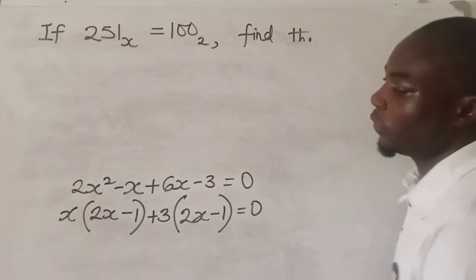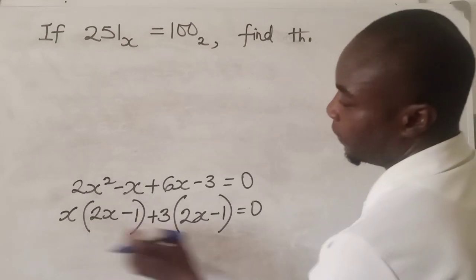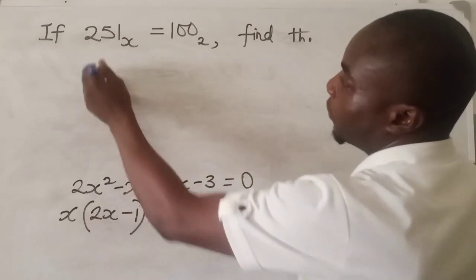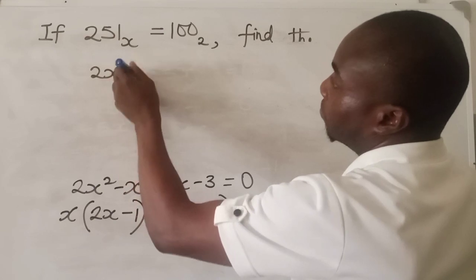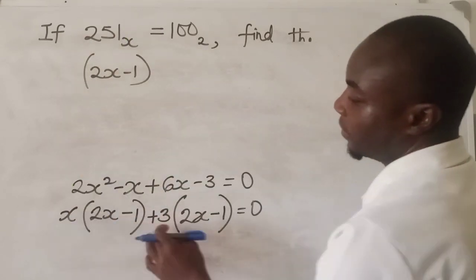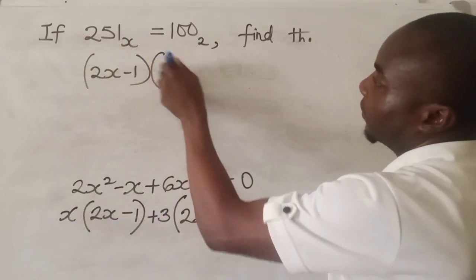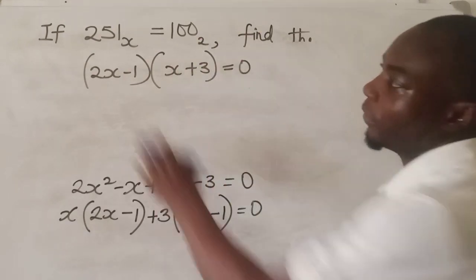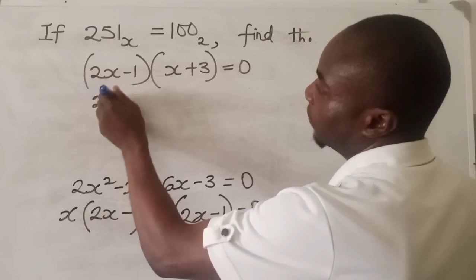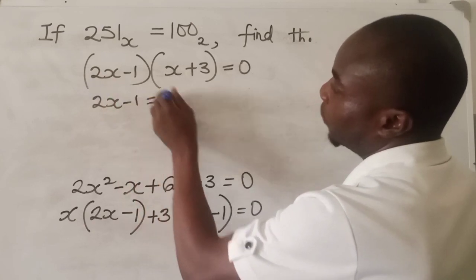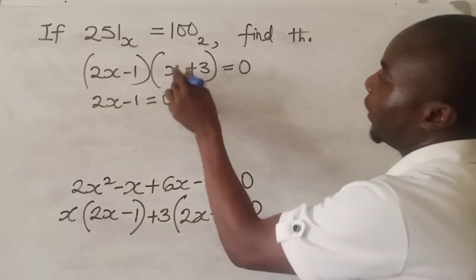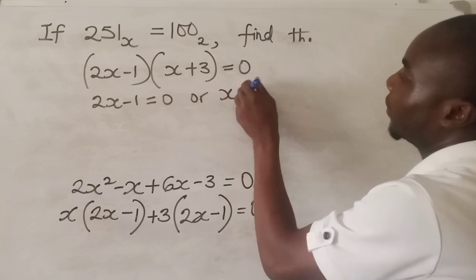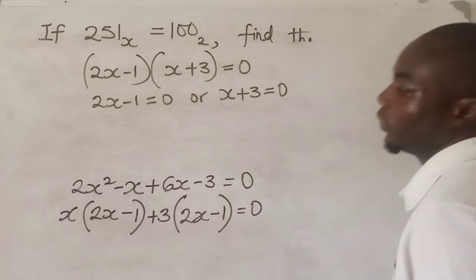The next thing we're going to do is to bring out one of the values in the bracket, 2x minus 1, then x plus 3 in another bracket, is equal to 0. So 2x minus 1 is equal to 0, or x plus 3 is equal to 0.